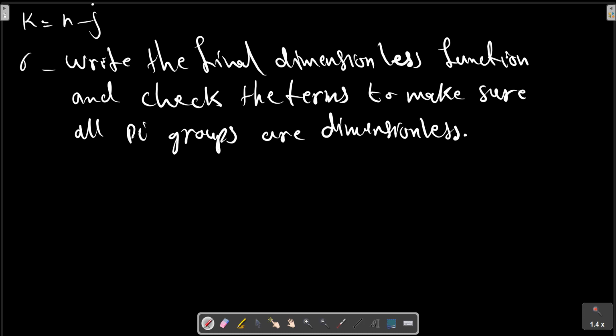There are various examples related to this part in the solution videos. You can check the example there.